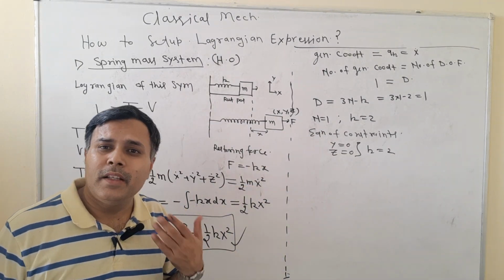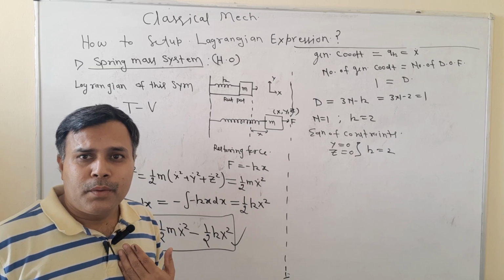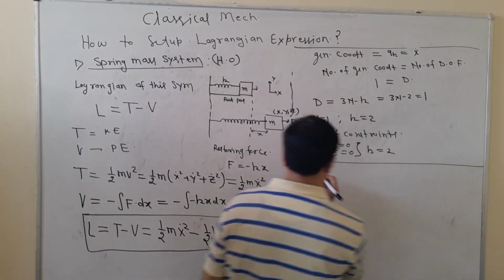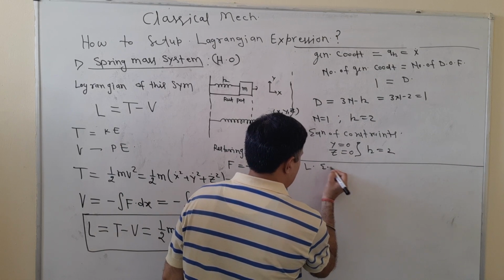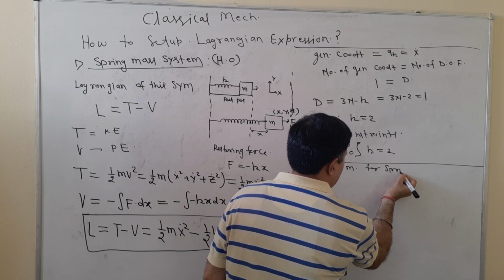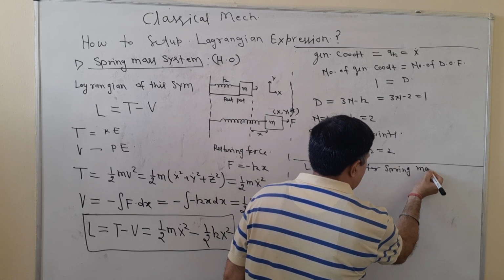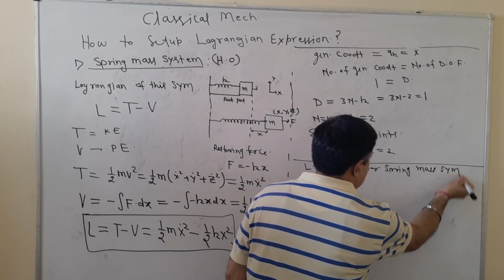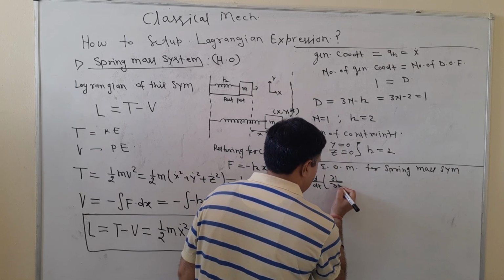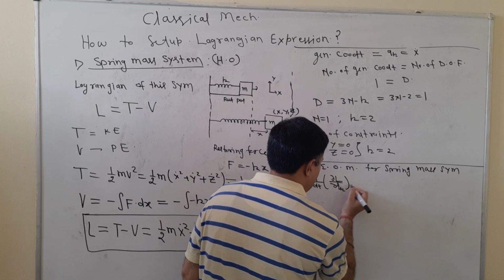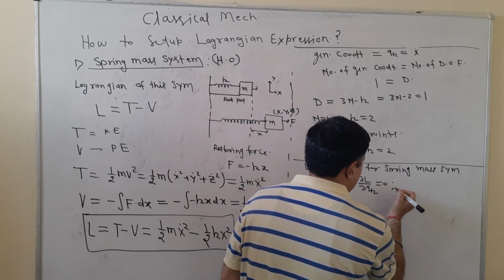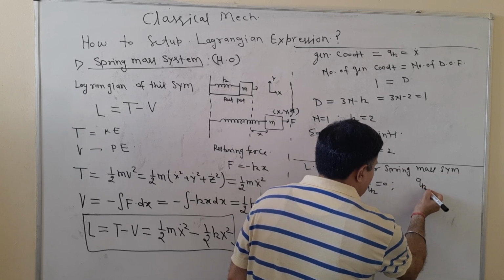Now we can set up the Lagrangian equation of motion. If you know the Lagrangian, what is the Lagrangian equation of motion? The Lagrangian equation of motion for the spring mass system: we know that d by dt of del L upon del qk dot minus del L upon del qk is equal to 0 for a conservative system.